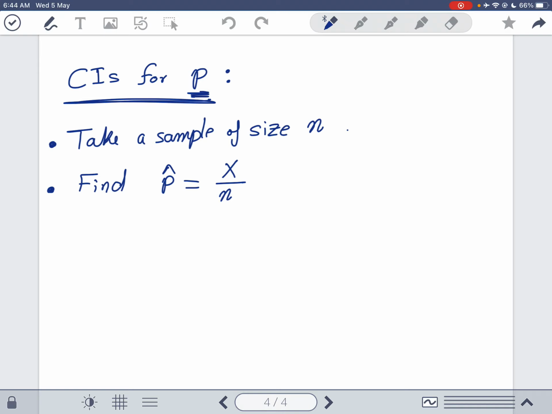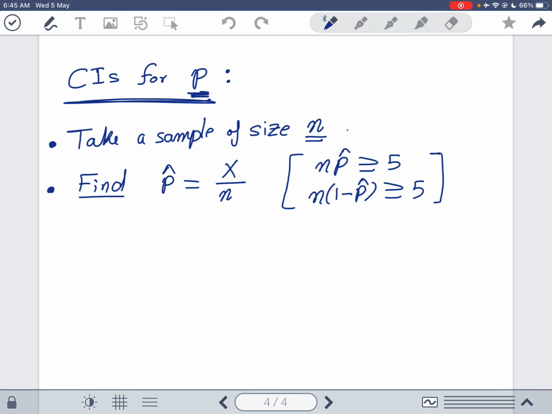In voting, for example, if you want to check the percentage of votes for a certain candidate, you can use exactly what I'm doing now. So you will take a sample of size n, and you will find p hat, the number of successes over n, and now make sure that n times p hat is at least 5, and n times 1 minus p hat is at least 5.